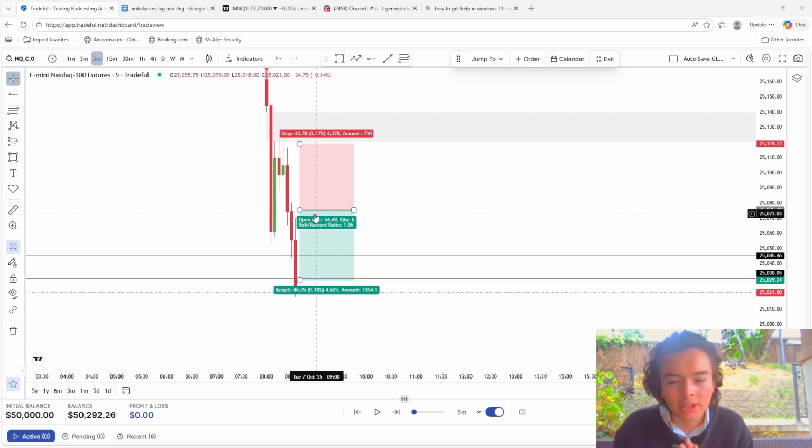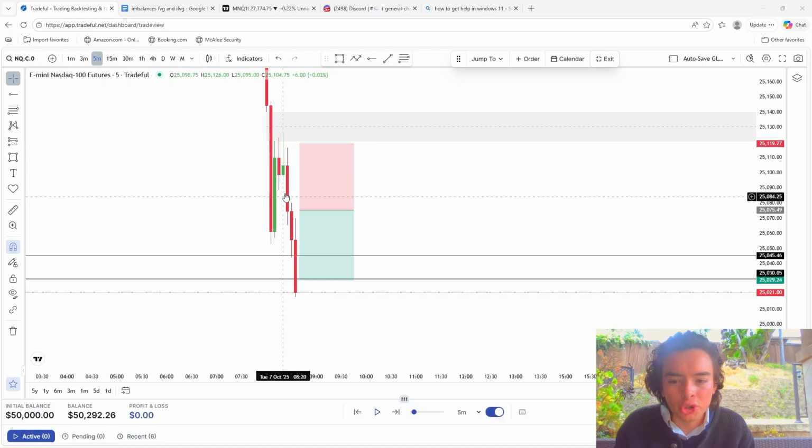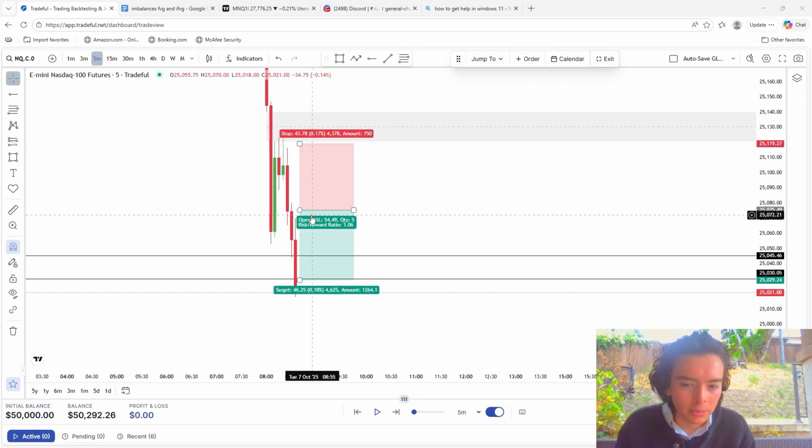Basically what I was saying was I'm just showing you guys again. I know I keep repeating myself here, but I want you guys to know that I don't trade like this. This is more so for you guys to grasp the understanding of how to use these 5 and 15-minute imbalances to trade into higher time frame targets, right?